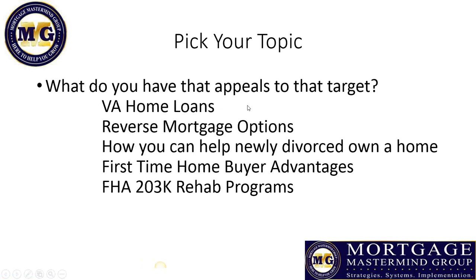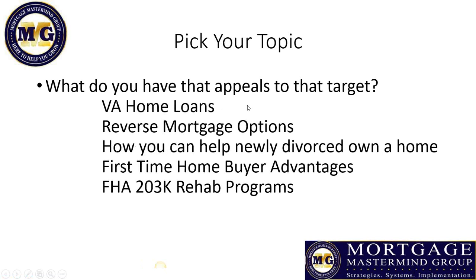So what do you have that appeals to that target that you've selected? If it's veterans, obviously you've got VA loans, which is a zero money down loan. That's a really good offering that would definitely appeal to a veteran.